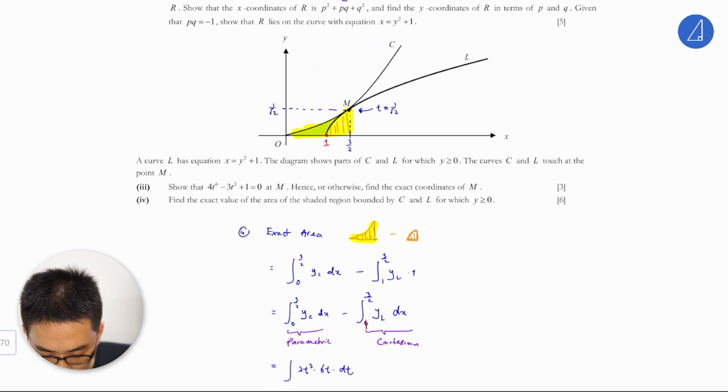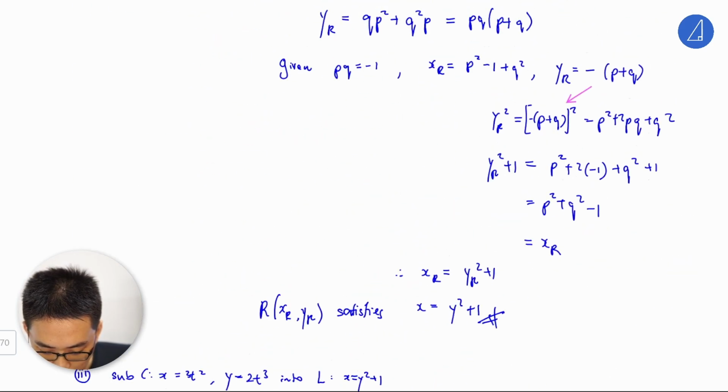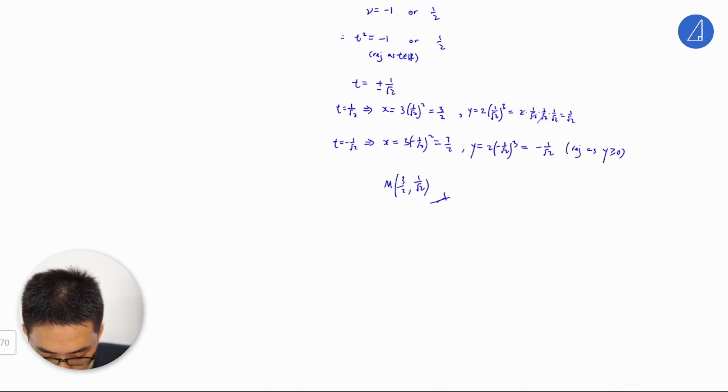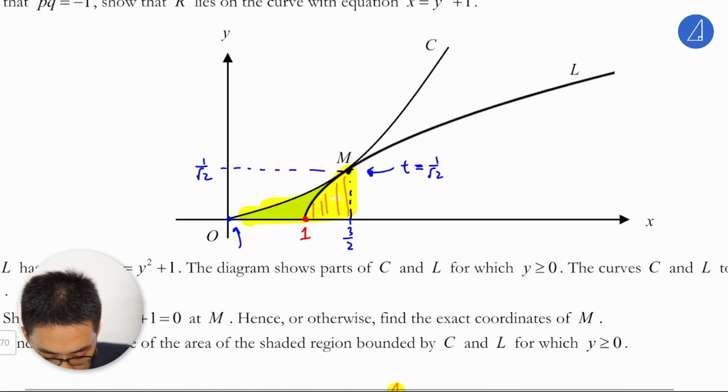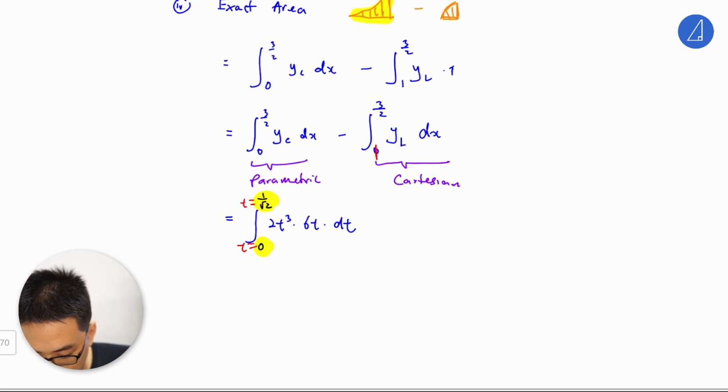Remember to change the boundary conditions. So this is 0, I believe. Yeah, this is where it's very clear that this is t equals 0. So 0 to 1 over root 2. The parameter is something which a lot of times students forget to change.